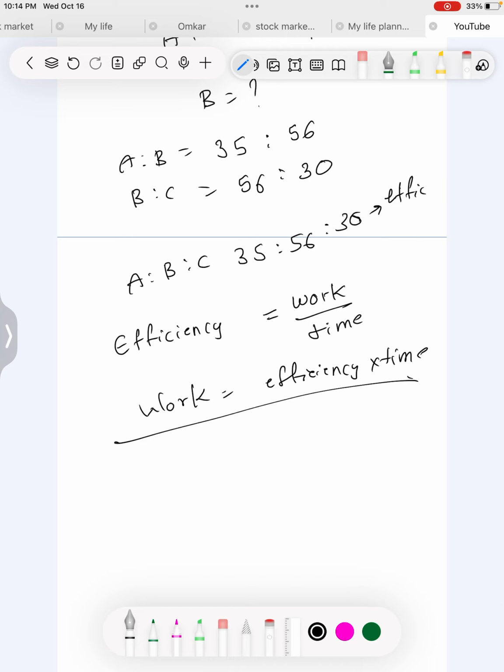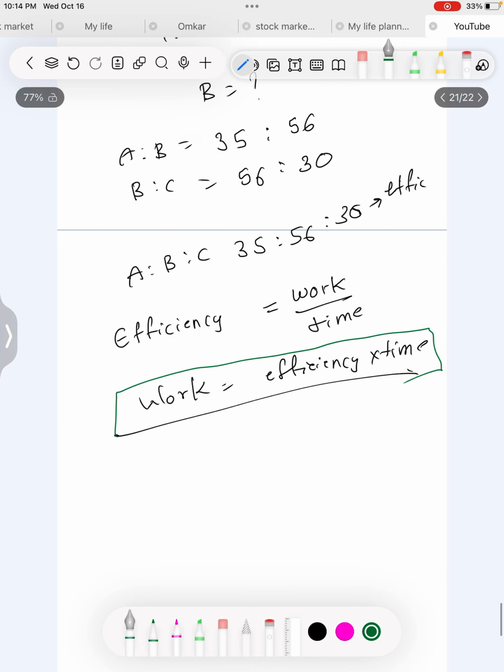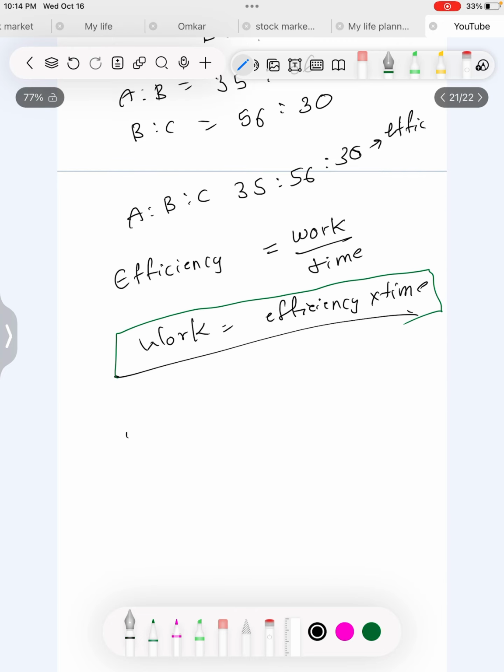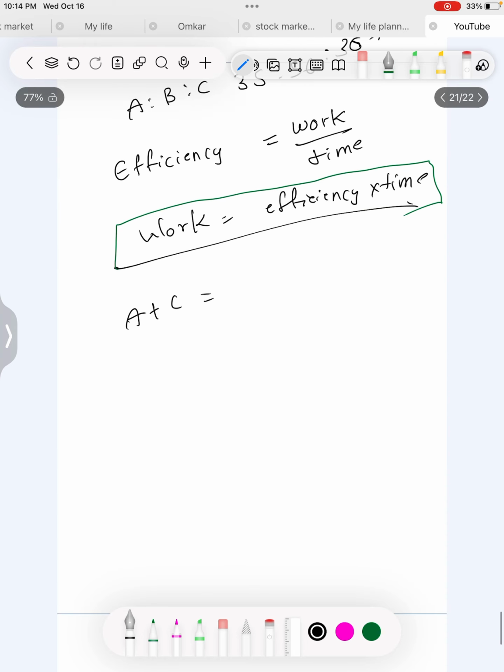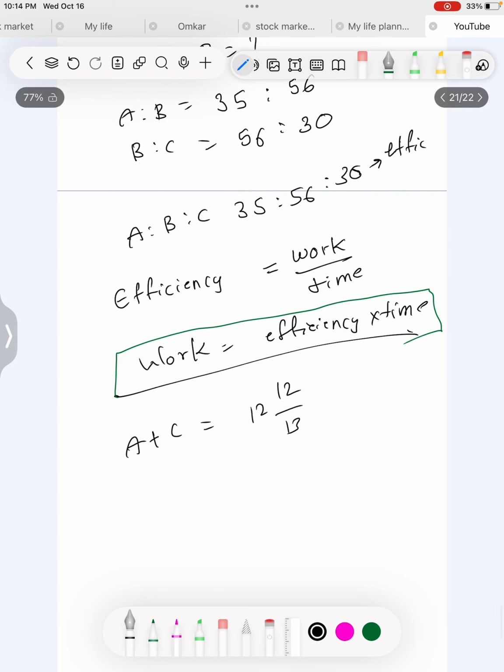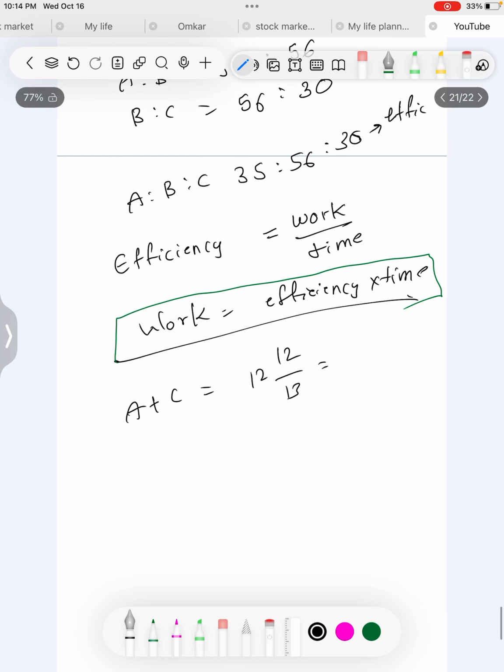You should remember this formula. It was said that A plus C has completed the work in 168 by 13 days. Let us add it and we will get the answer at the final.